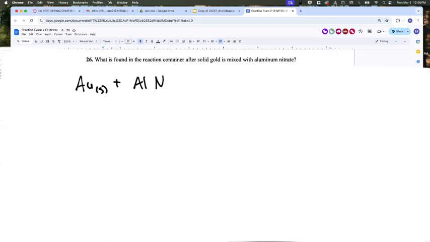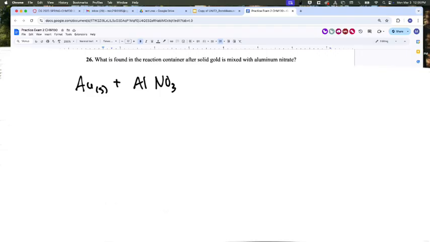Plus the aluminum nitrate. Ooh, aluminum nitrate is a little bit problematic. Why is it a challenging one to deal with? It's more challenging than gold because it's polyatomic. Gold is just by itself. That was easy. But with the polyatomic, we now have multiple things, and we've got to deal with putting those multiple things together.